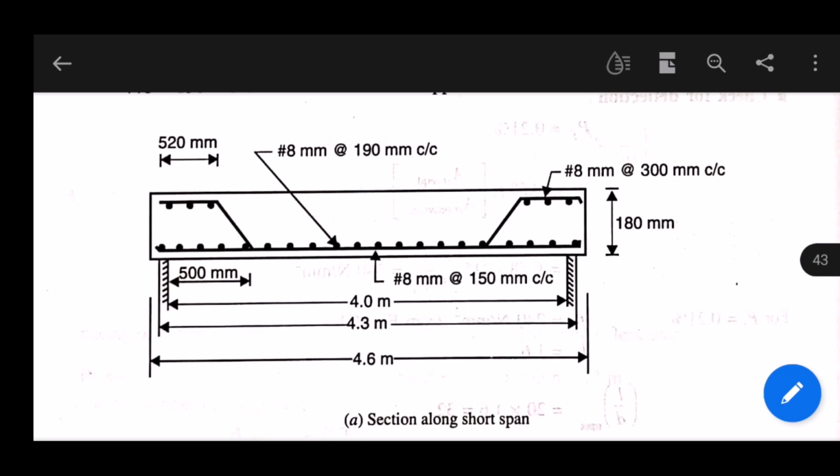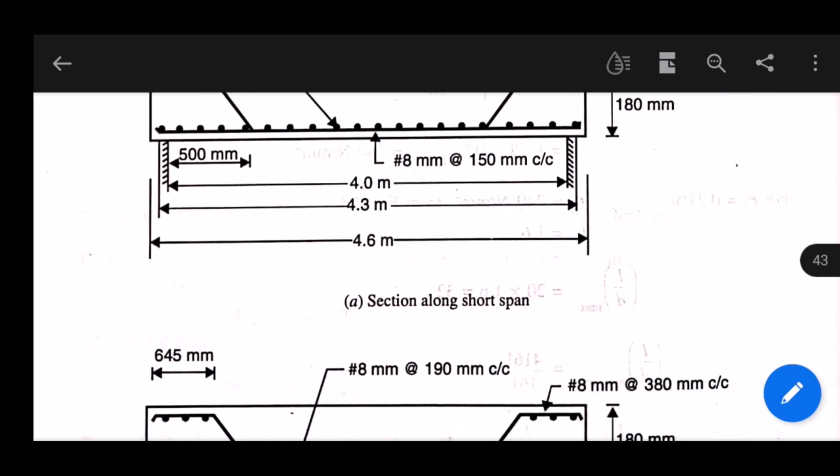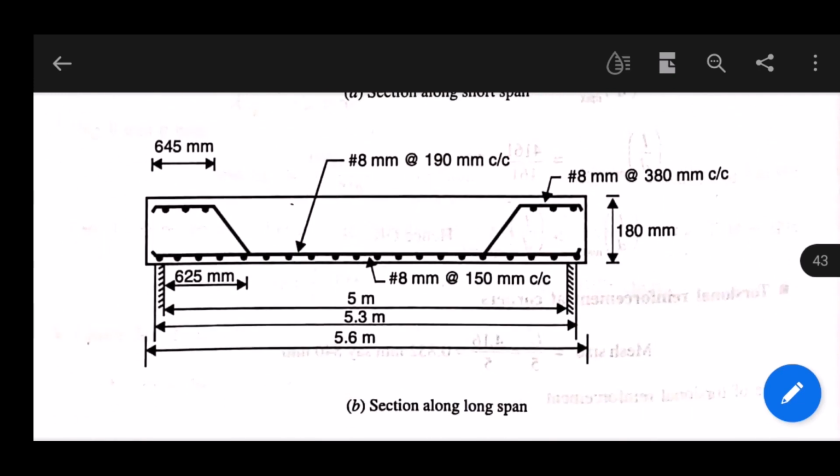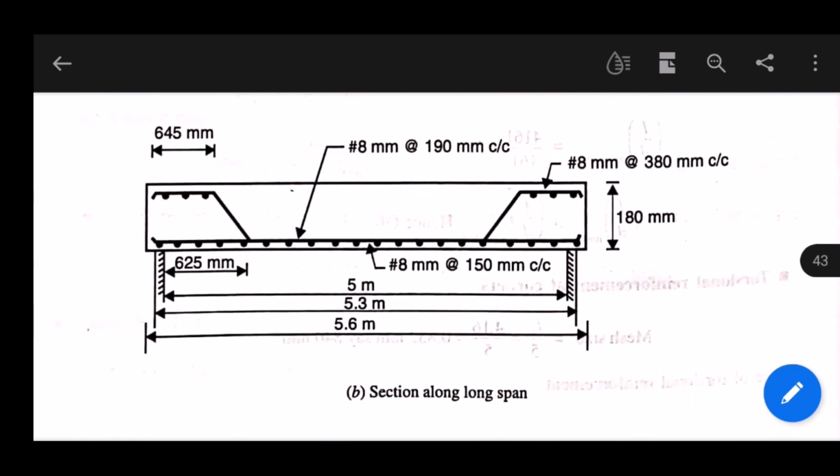Okay, everything is written in the drawing. Now the next drawing is along the long span. The span length changes as per our question and as per our calculation. So these are the length and distance of the bent up bar, lower portion and upper portion. Okay, so this is the drawing.